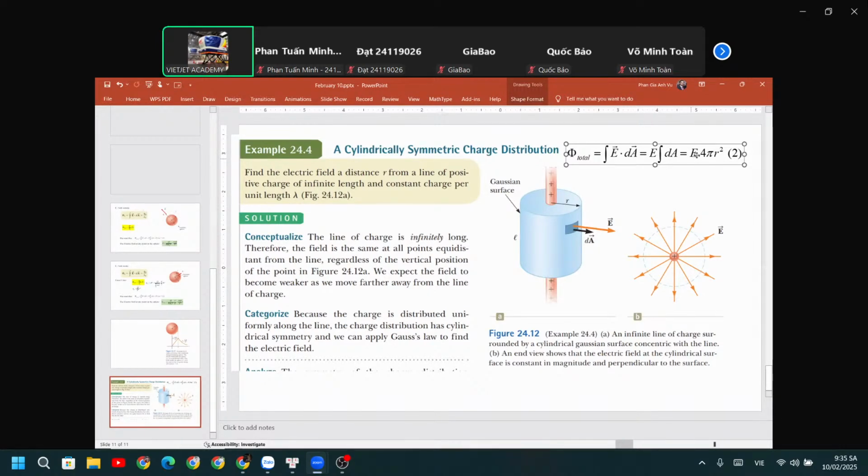And here you have dA, which now will be the side with the length L and the circumference 2 pi r. So you have the length L multiplied with 2 pi r.